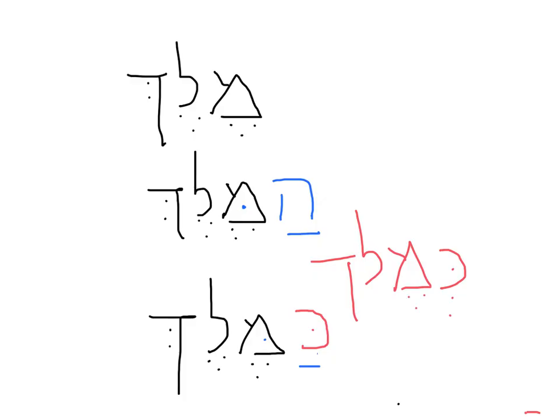There we have like a king, and here we have like the king. And what we can see is the footprint of the article is left behind to show us that this is a definite noun, like the king.